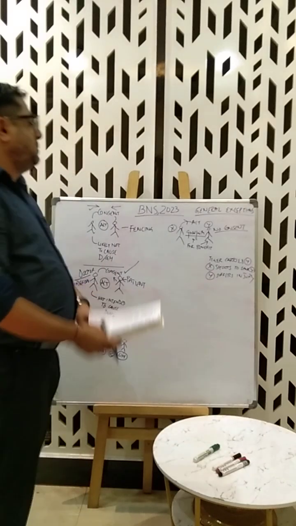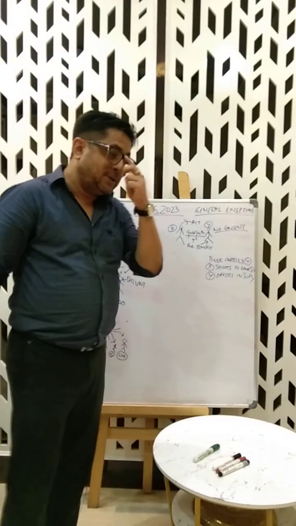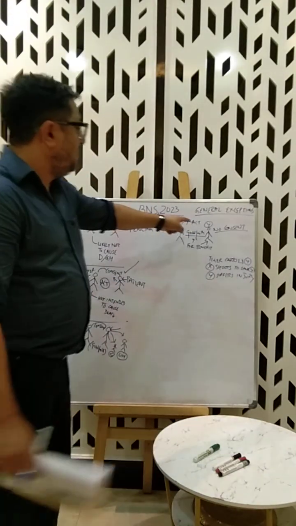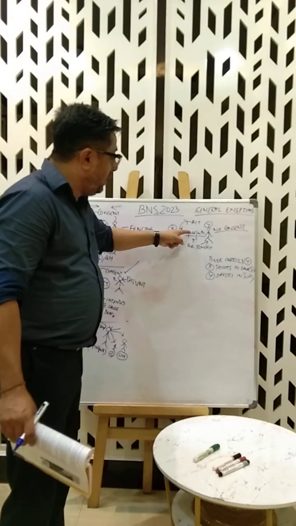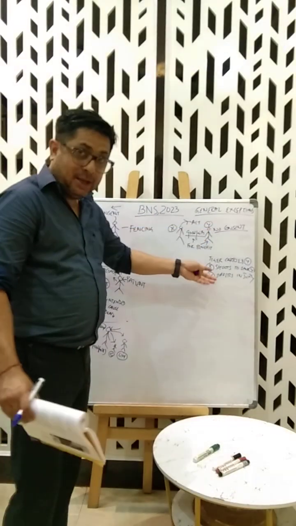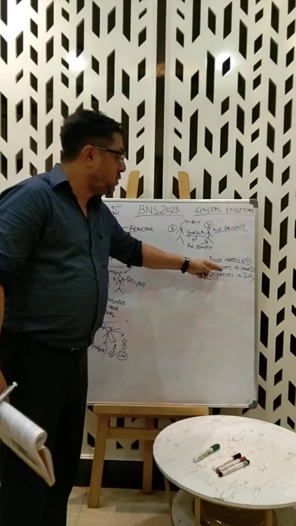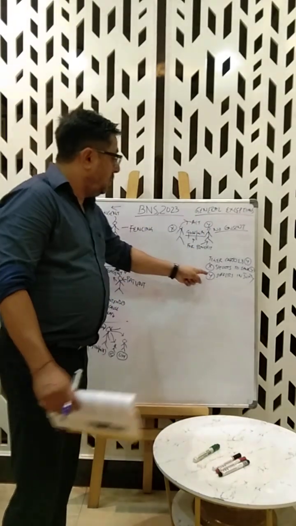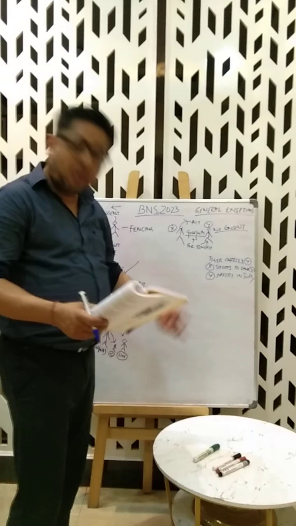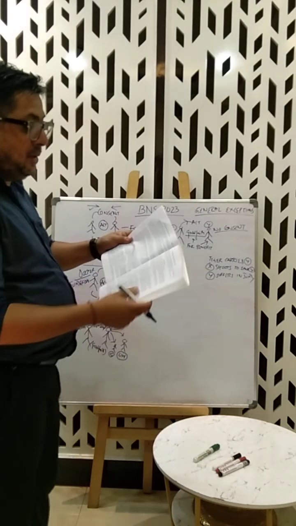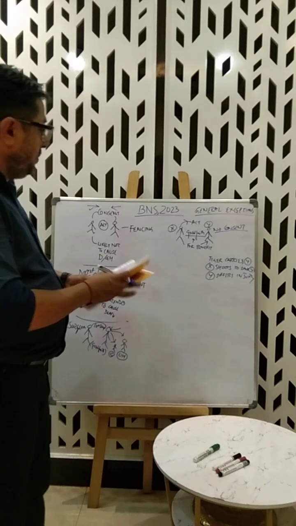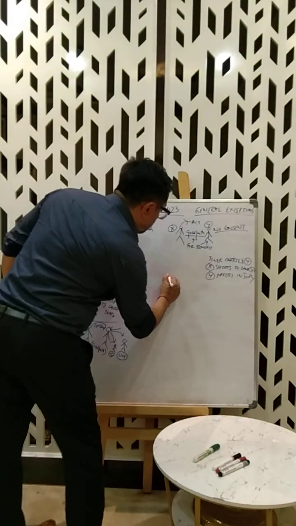That's an example. The illustration is there in the BNS. Suppose a tiger is carrying Y. X in good faith, without the consent of Y, naturally does an act. What? He shoots to save Y. Y suffers injury. This is not an offense by X. Correct? Now again we'll talk about communication.